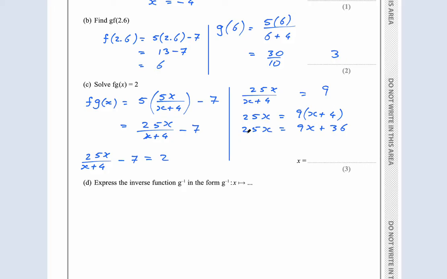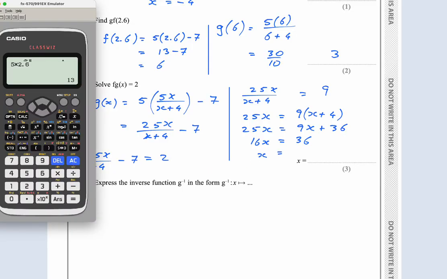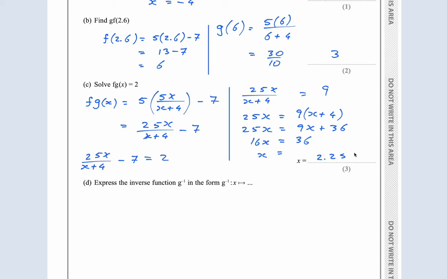Subtract the 9x. 25x minus 9x is 16x. 16x equals 36. And then x is 36 divided by 16. Let me make sure I'm right. 36 divided by 16 is 2.25. So x is equal to 2.25.